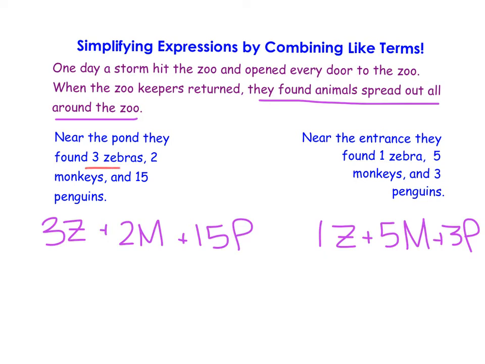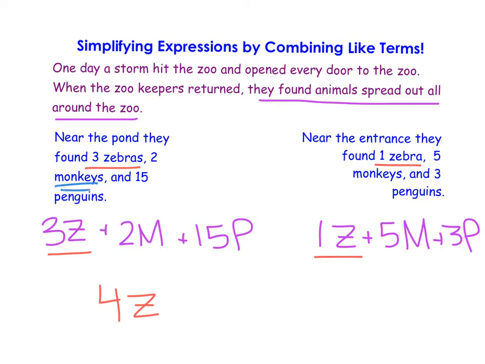You're probably saying, well, there's 3 zebras and 1 zebra, which means there's a total of 4 zebras. Notice that we combined things together that contained that same variable, that z variable. I then noticed that I also lost some monkeys throughout the zoo.